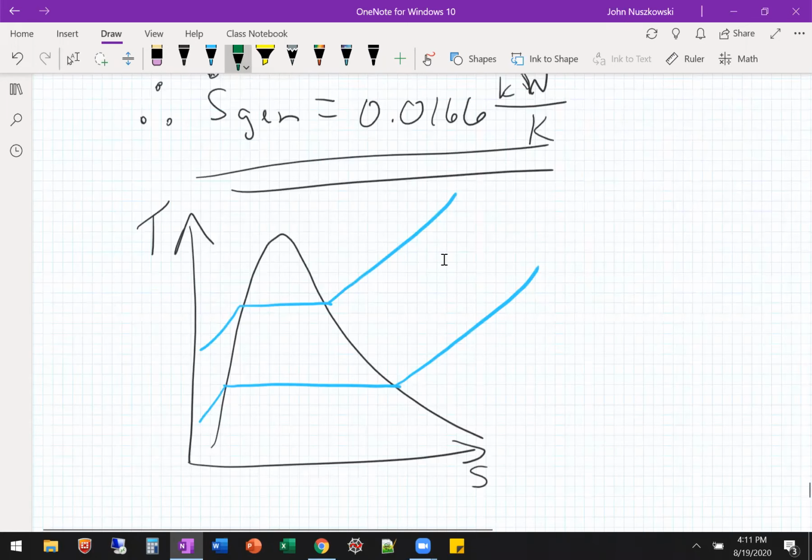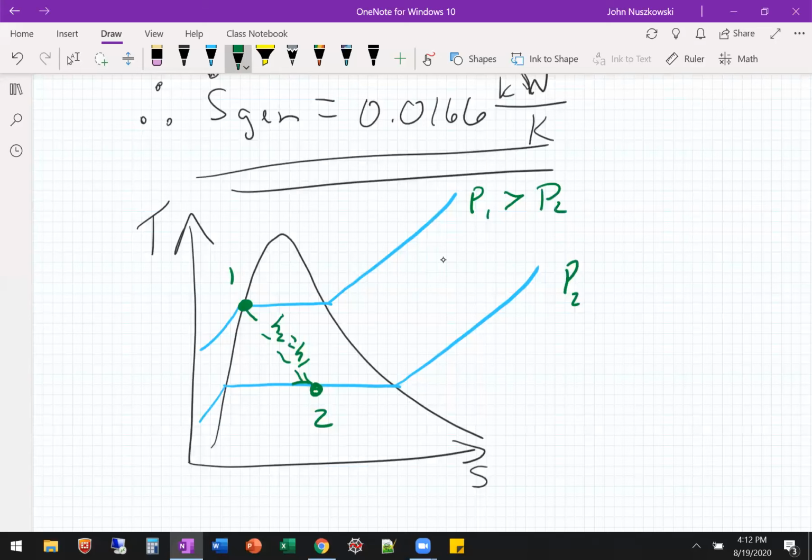So state 1, saturated liquid, and then we have a quality. State 2, and this is our H2 equals H1 line. This is pressure 1, this is pressure 2. Pressure 1 is greater than pressure 2 in this case. So we're dropping pressure through this small capillary tube, and we drop pressure, we drop temperature.